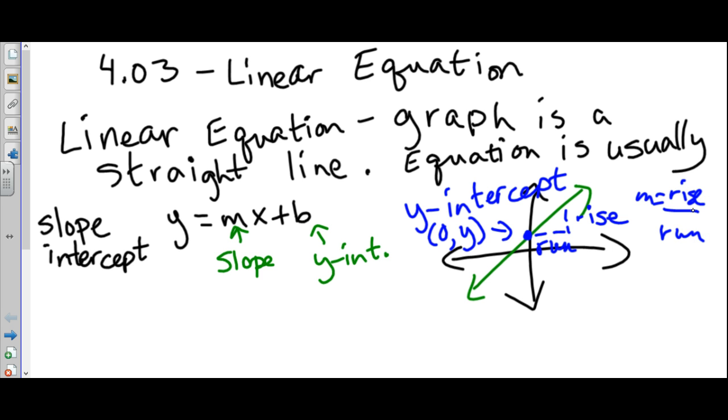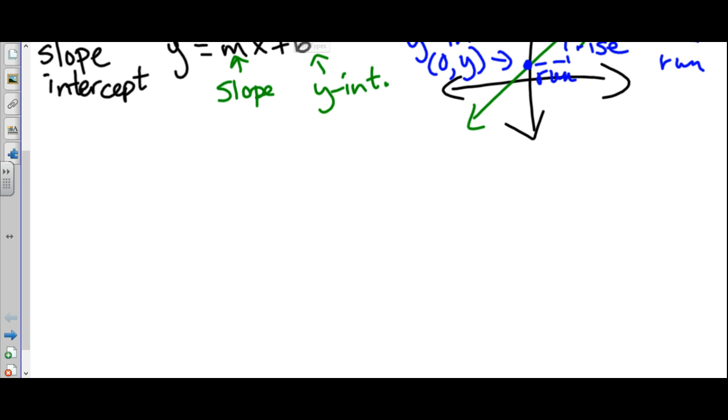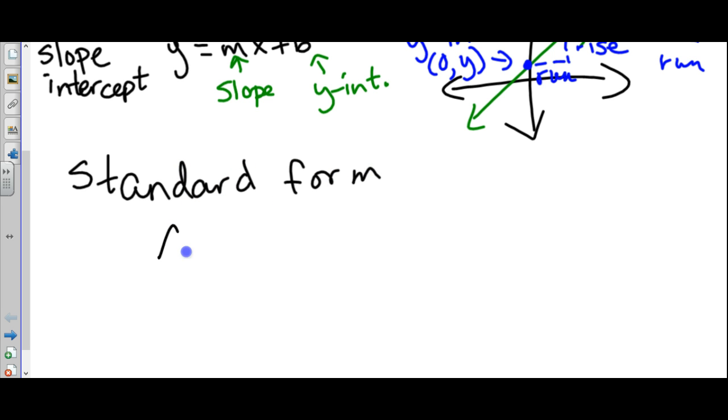So we want it in slope-intercept form because it's really, really good for identifying some key pieces of information, and it's really, really good for graphing. When we are given something in standard form, we want to be able to rewrite it in slope-intercept form. Standard form looks like this: ax plus by equals c.